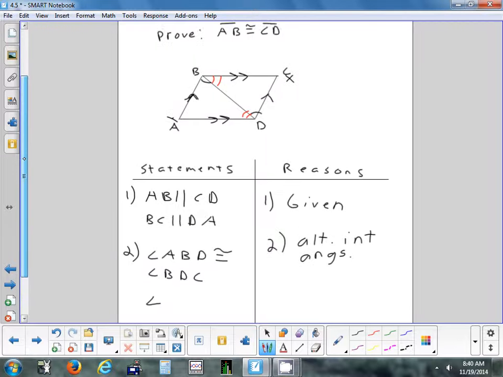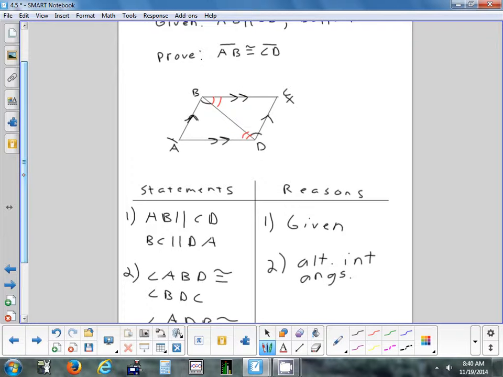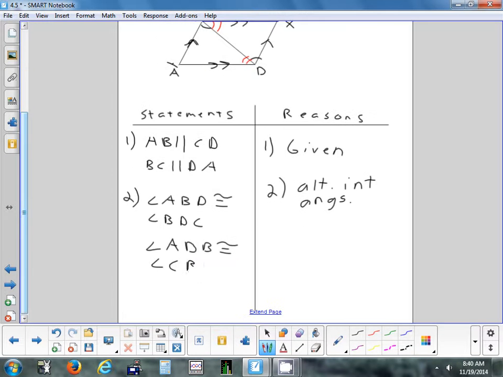So angle ADB. So we started out where the two pairs of parallel sides meet, so we'll do the same thing on the other side. C, and then what were the other letters you said, Marquise? CBD. Same reason.